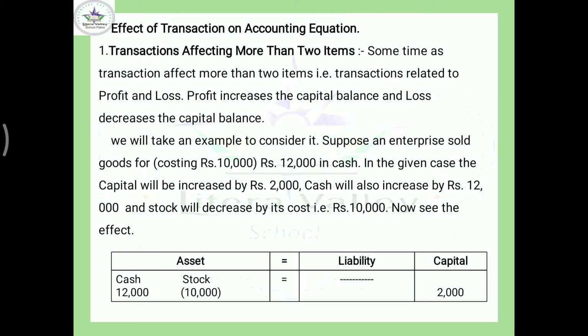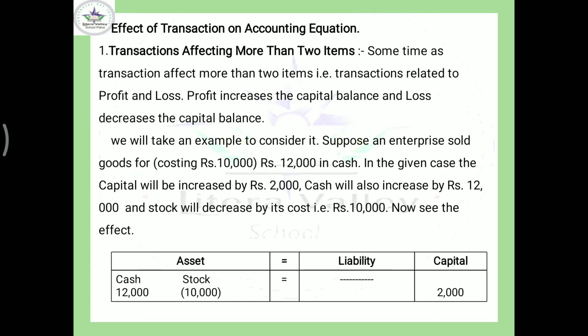So how many types have we seen? First, transactions affecting two items on opposite sides, meaning asset versus liabilities and capital.